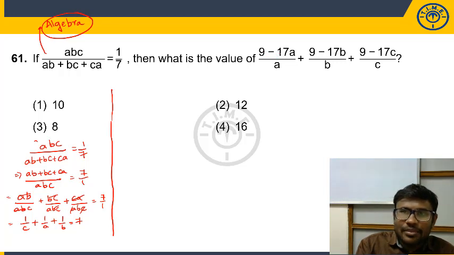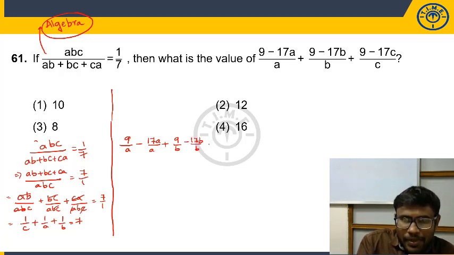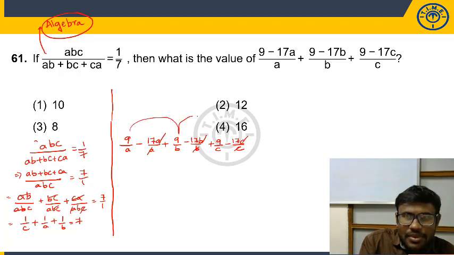We have to calculate 9 minus 17A by A plus 9 minus 17B by B plus 9 minus 17C by C. So let us split that. 9 by A minus 17A by A plus 9 by B minus 17B by B plus 9 by C minus 17C by C. So AA gets cancelled, BB gets cancelled and CC gets cancelled. So 9 by A plus 9 by B plus 9 by C.